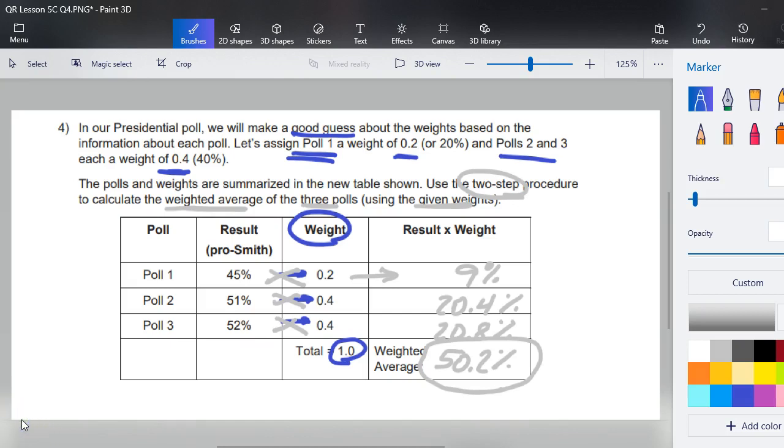I'm going to stay right here while you read through question 5, which says compare your results in questions number 2 and number 4. Remember, in question number 2, we just did a straight average and found that the president's poll was looking at a 49% approval rating.